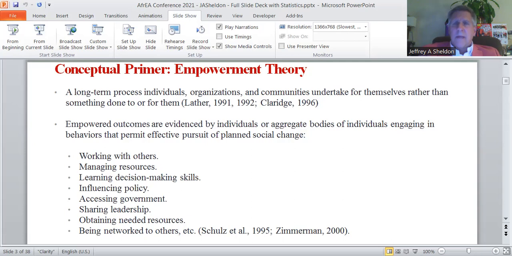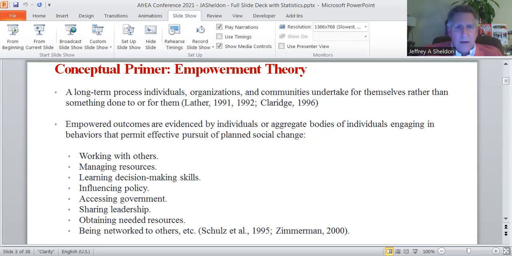If you're interested in empowering a group of people through some sort of intervention, some sort of program, what you do is create a context in which empowerment will actually take place. So it's not something we do for other people. That's a misconception that I want to make sure everyone's clear on.